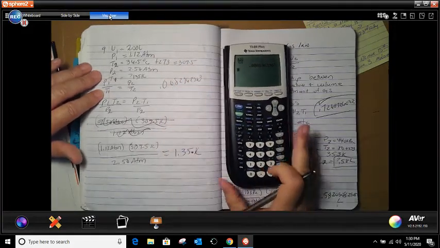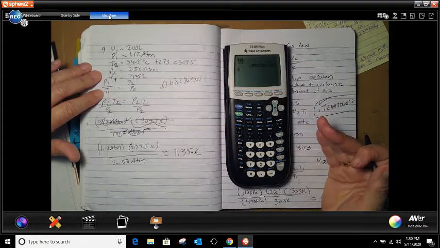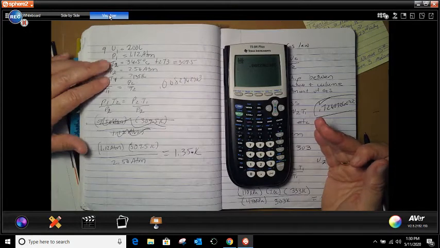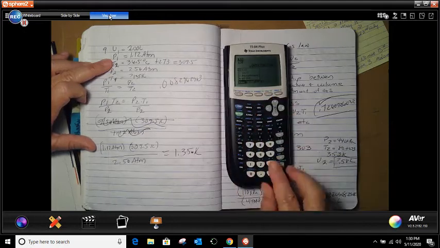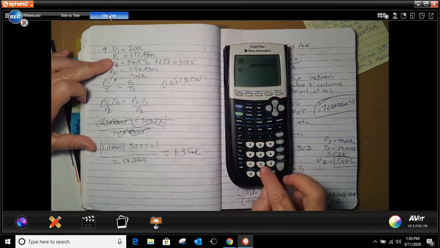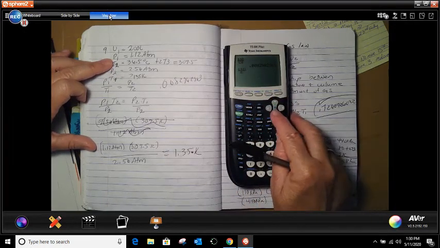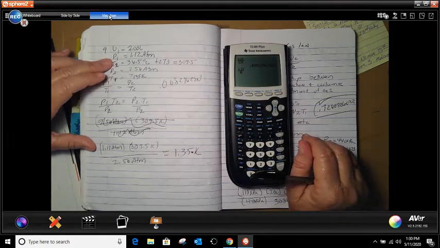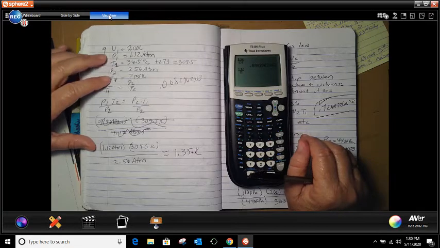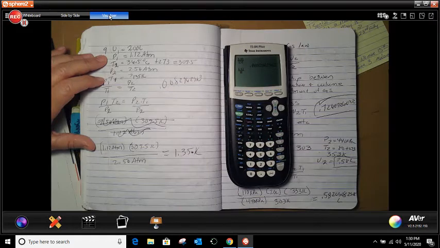And now I'm going to check my answer with my other one. So now I'm going to do my pressure 2, alpha Y, enter, 1.12, and I'm going to divide that by my temperature 1, pressure 1 by my temperature 1.